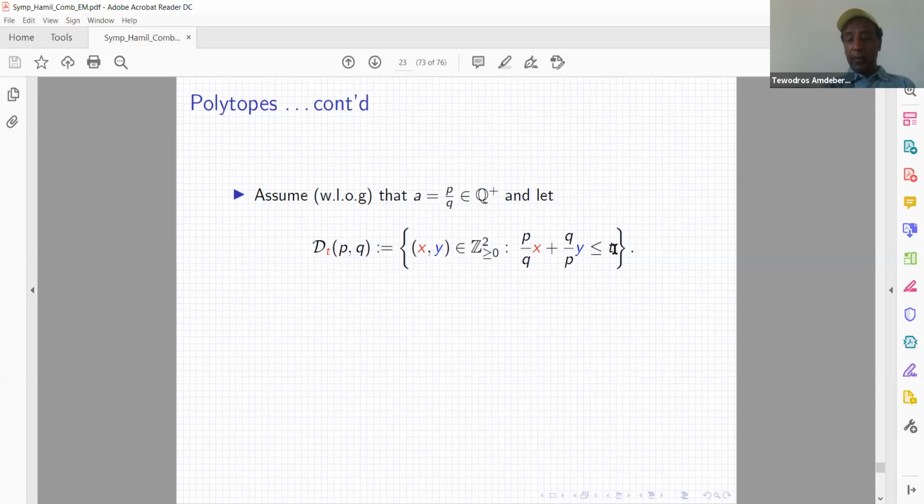Then we can ask the following. Of course, I can put 1 here if I want. Then I want to see what integer pairs satisfy this. In other words, basically how many integer lattice points are within the triangle every time you inflate by t.